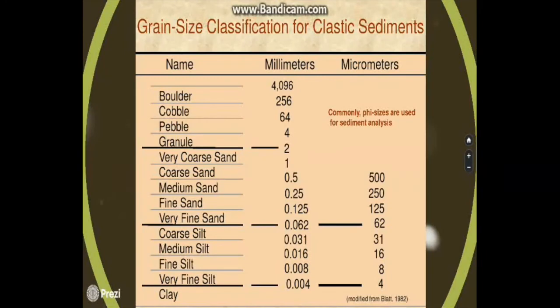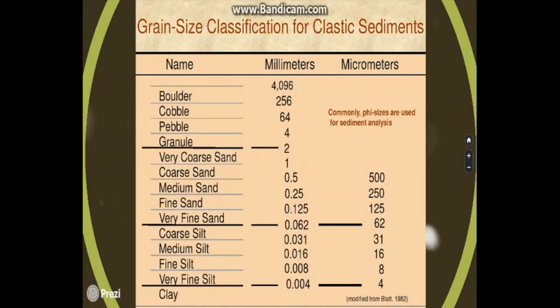This table illustrates grain size classification for clastic sediments. Clay has less than 0.004 mm of grain size. After that we have the group of silts: very fine, fine, medium, coarse. It ranges from 0.004 to 0.062.